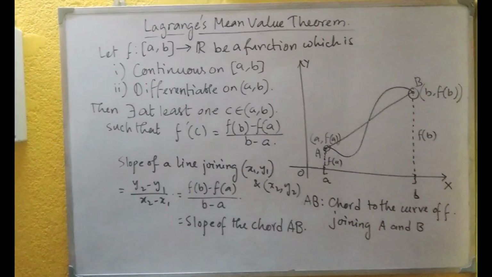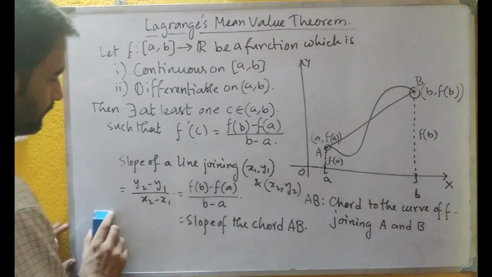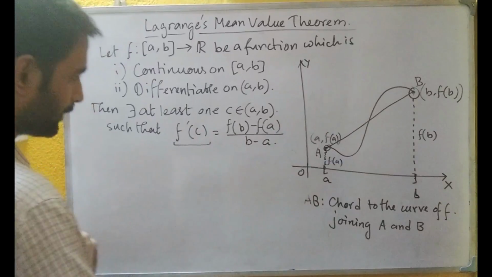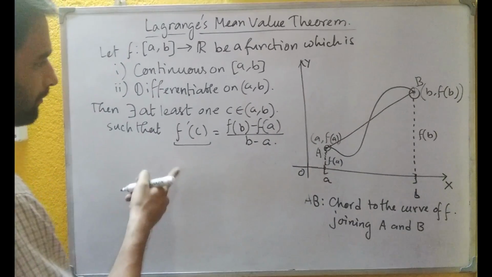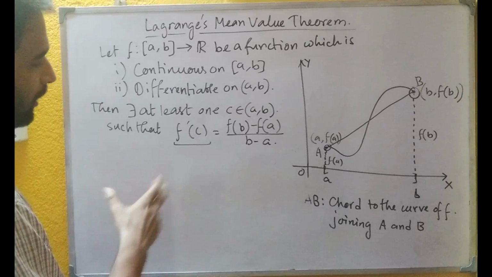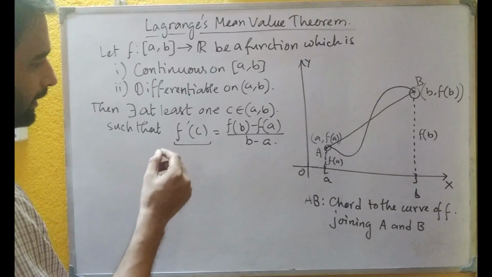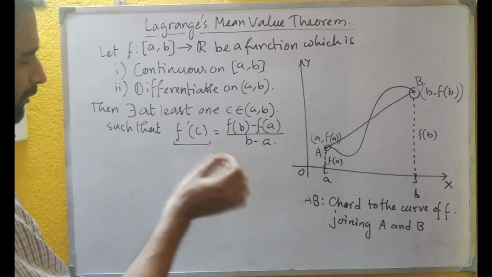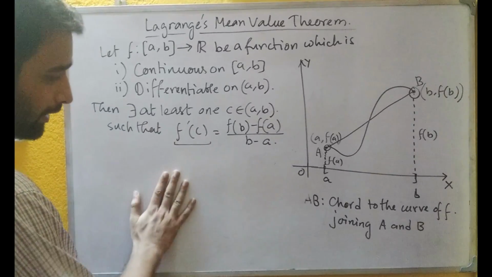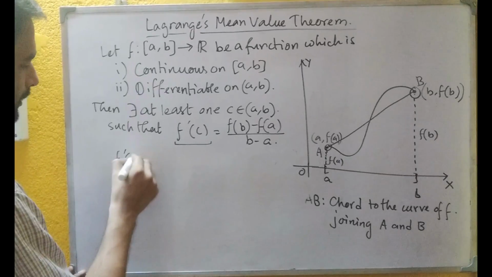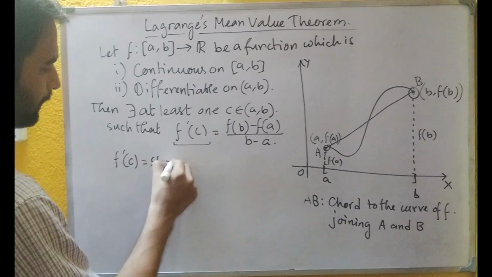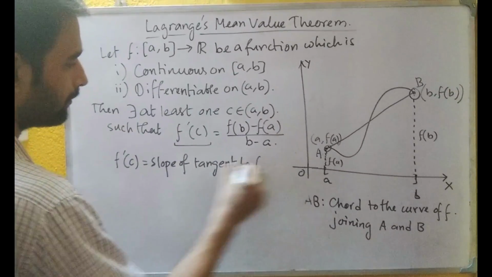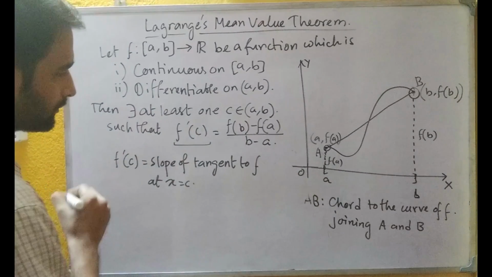Okay. So let us write it in the equation. So look at the left hand side of the equation. It is f dash c, and previously we have seen that the meaning of derivative is the slope of the tangent that can be drawn to the curve of the function, and here f dash c means it is the slope of the tangent to f at x equals c.